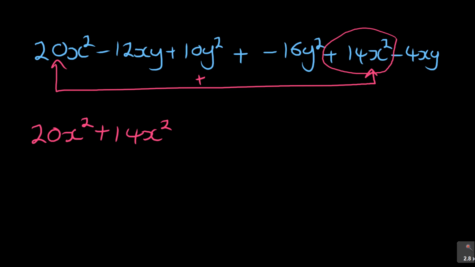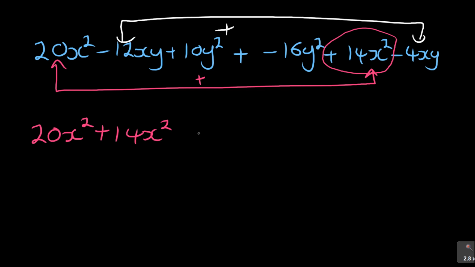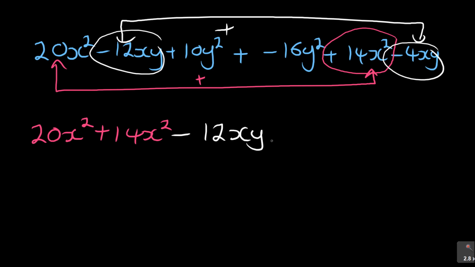Look at the other one. We have got negative 12xy and 14xy. Again, add this. Check the sign, it's minus 12xy. Again, check that sign. It's minus 4xy. Do you see what's happening here?